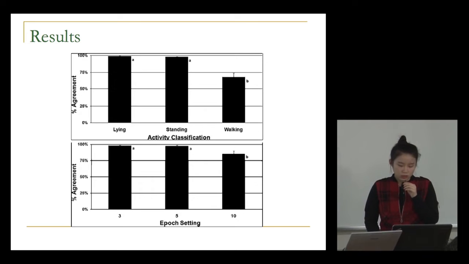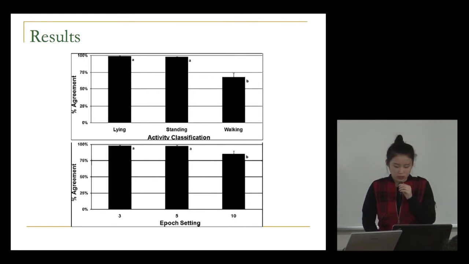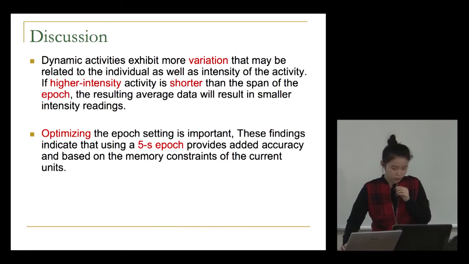In the second diagram, there was no significant difference between 3 and 5 second epochs, but the 10-second epoch is much lower. The agreement is much lower than 3 and 5 second epochs.